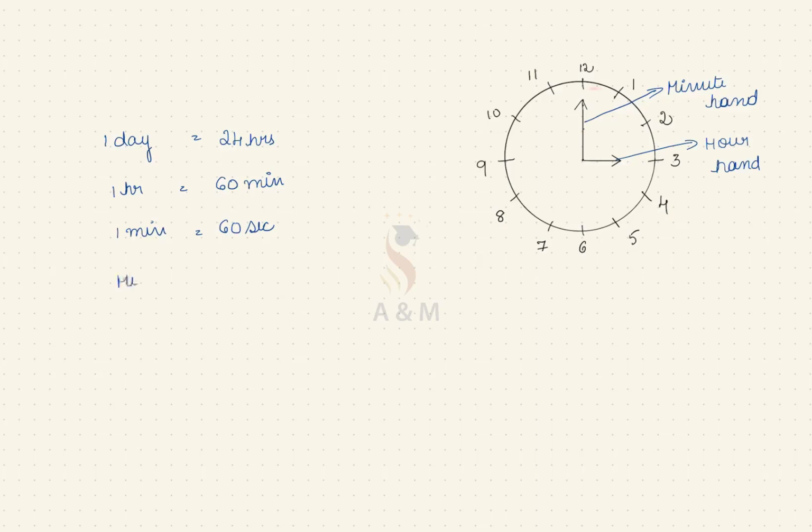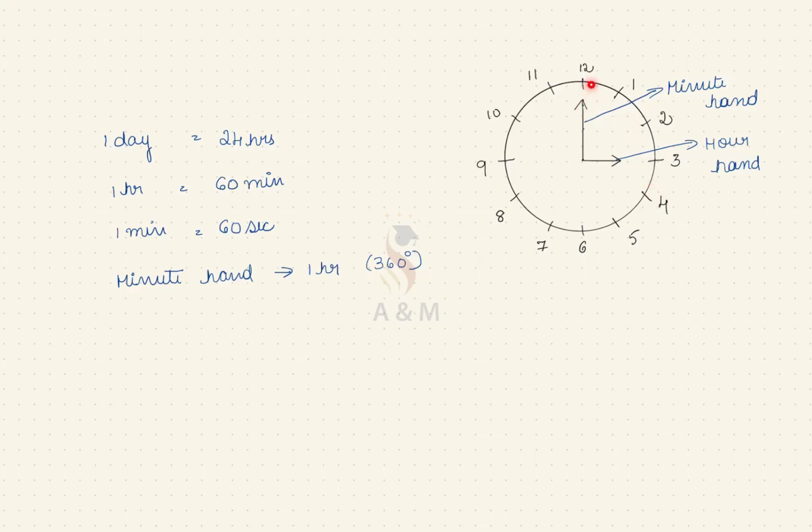Now your minute hand. Minute hand takes 1 hour to form a 360 degree. That is one circle. Okay. Your minute hand is a long hand. Correct. It takes 1 hour to make 360 degree.